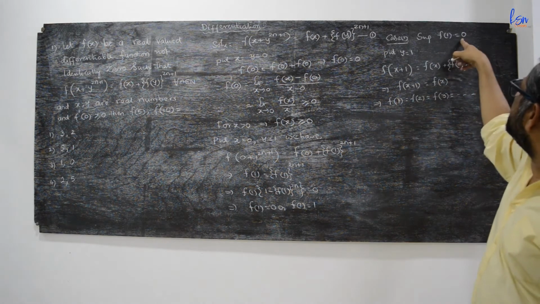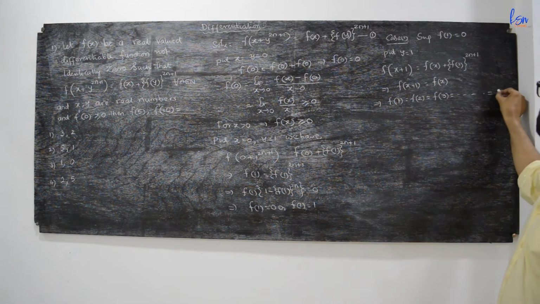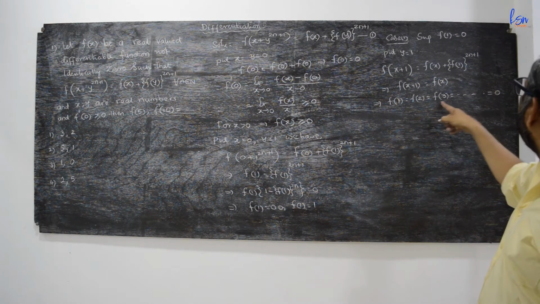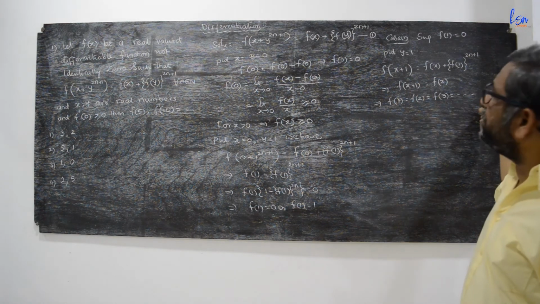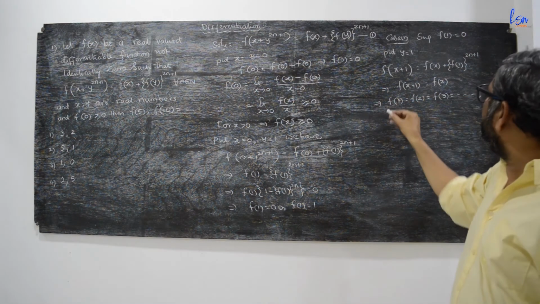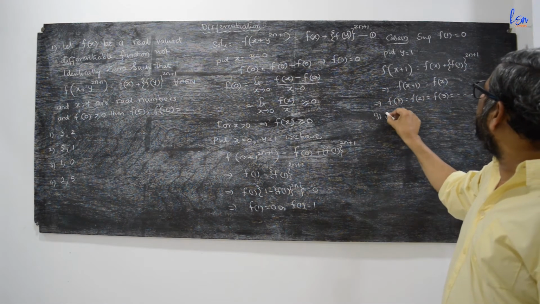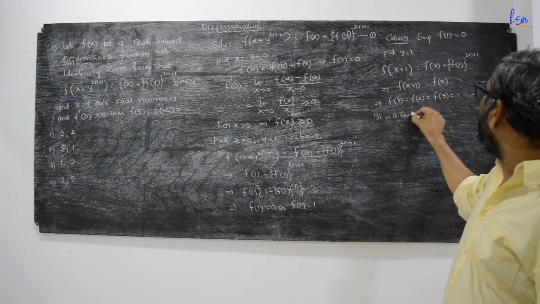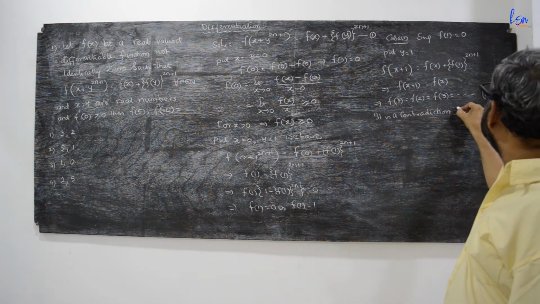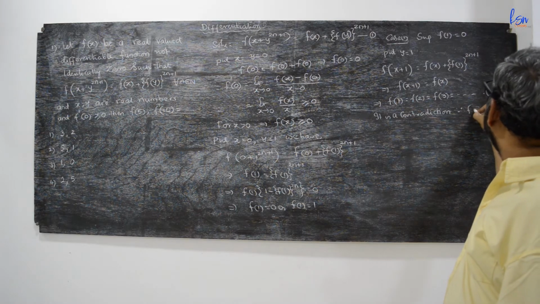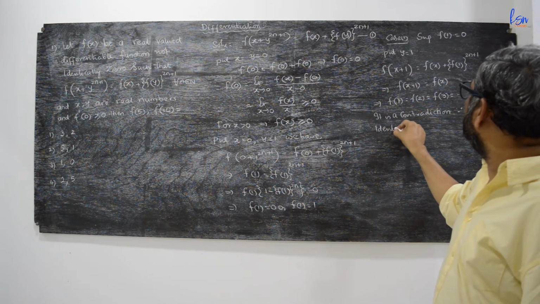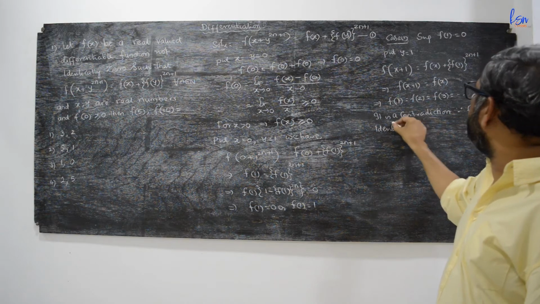But f(1) is considered to be 0. Therefore f(1) equal to 0, f(2) equal to 0, f(3) equal to 0, and everything is equal to 0. But it is given that the function is not identically 0. It is a contradiction, since f is not identically 0.